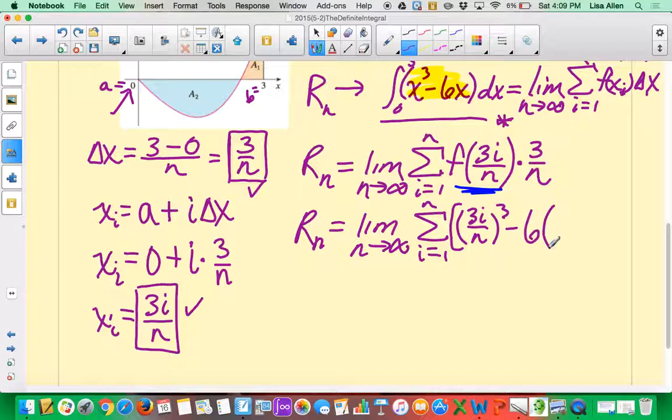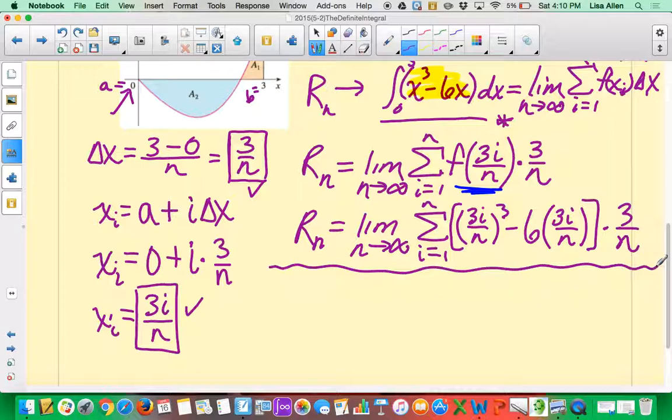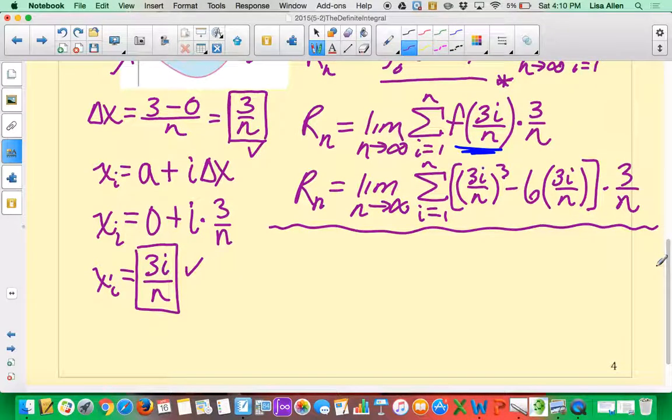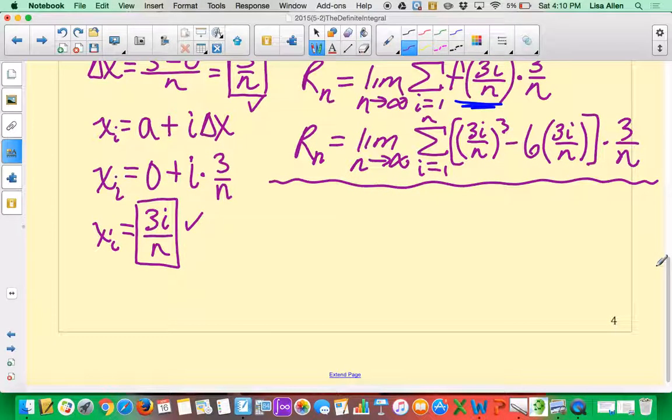Remember it's the function of 3i over n, so it'll be 3i over n, times the 3 over n for the delta x on the outside. Okay. Just going to draw a little line there, scroll down a little bit.